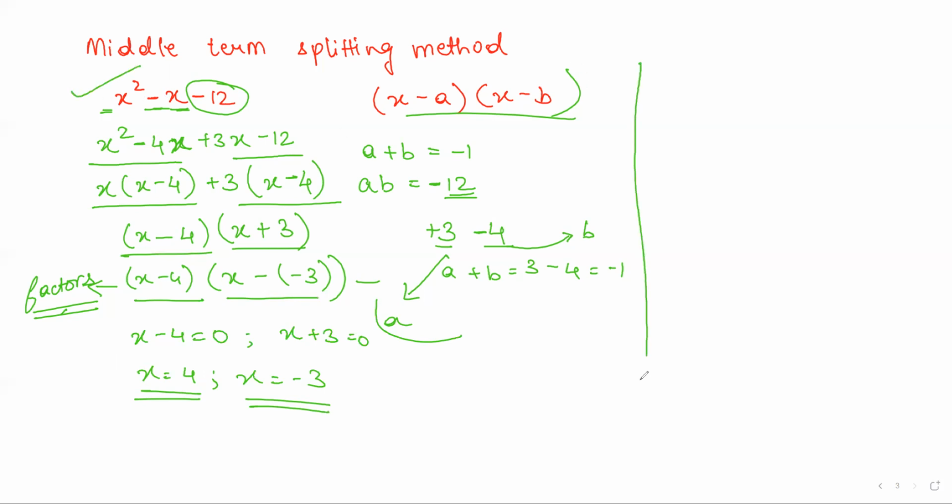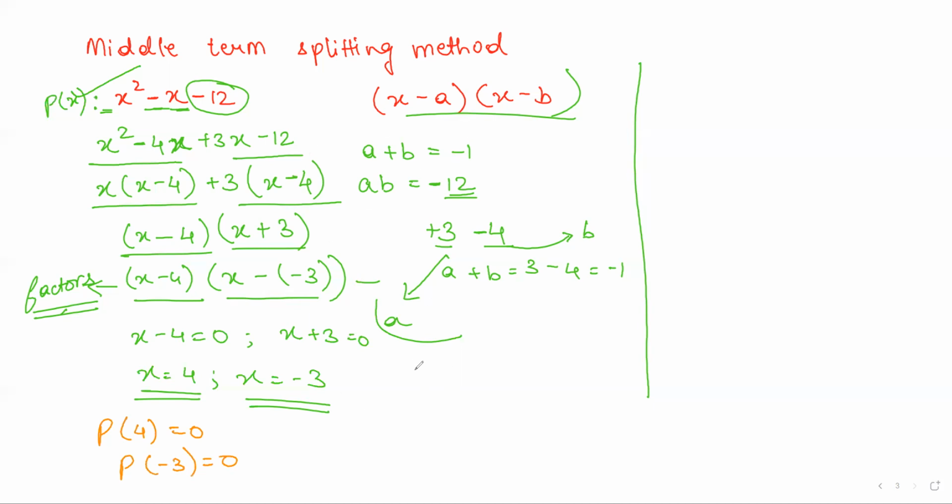Or if I express this as p of x, what we're trying to say is p of 4 will be 0 and p of minus 3 will be 0. Further verifying the fact that 4 and minus 3 are the roots or values or zeros of your p of x, and x minus 4 and x plus 3 are the factors of p of x.